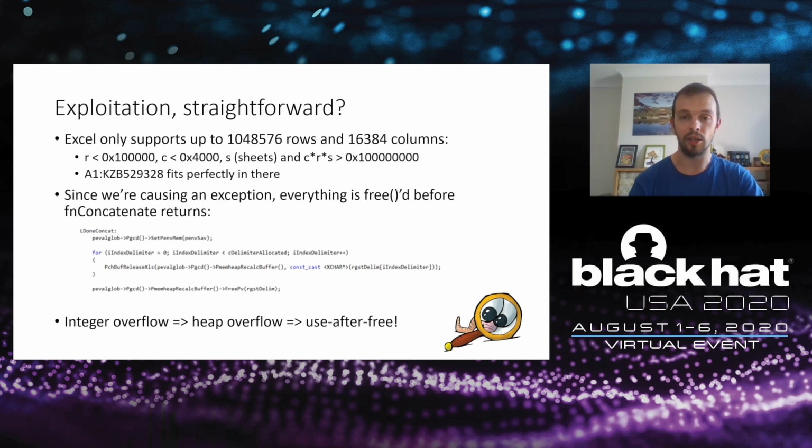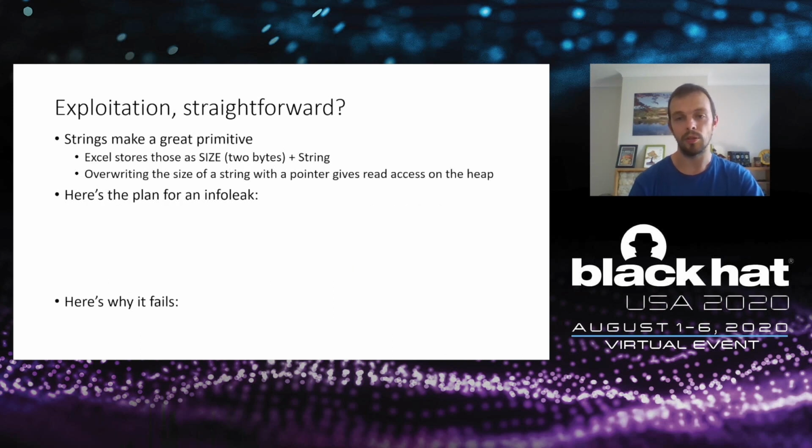And then comes the exploitation. So probably the first thing that you'll try to do is get a leak, a memory leak, because you need to bypass ASLR. So here, the memory is quite easy to get an exploit done. It's because Excel stores strings in memory with a counter on 2 bytes followed by the string itself, which means that if you override that counter, then you will be able to read past the bounds of the string.